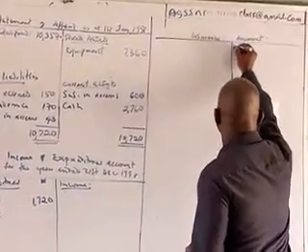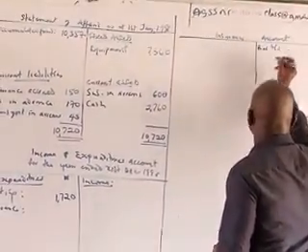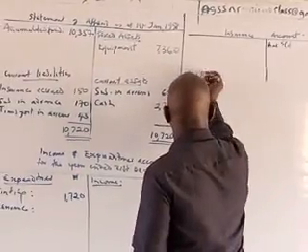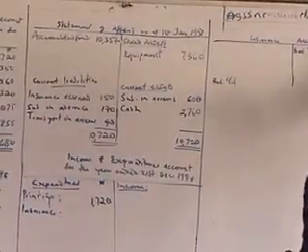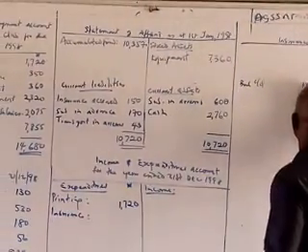So you put your balance b/d on this side and balance c/d on this side. What's our opening balance? 150. You put 150 on this side, and 130 on this side.